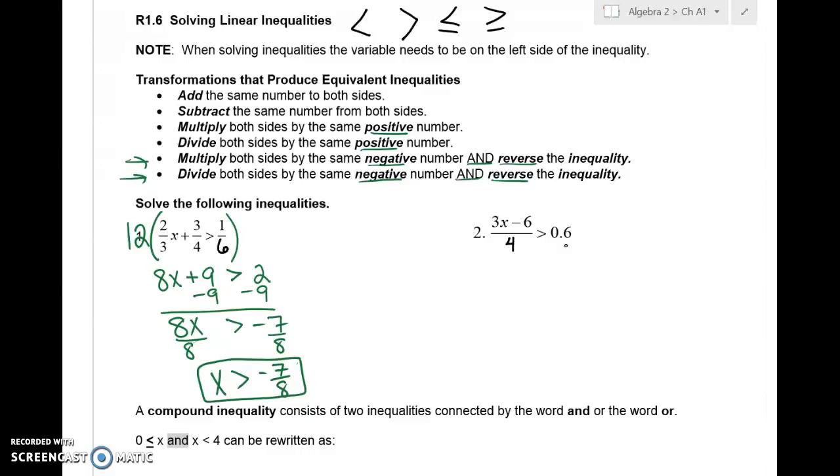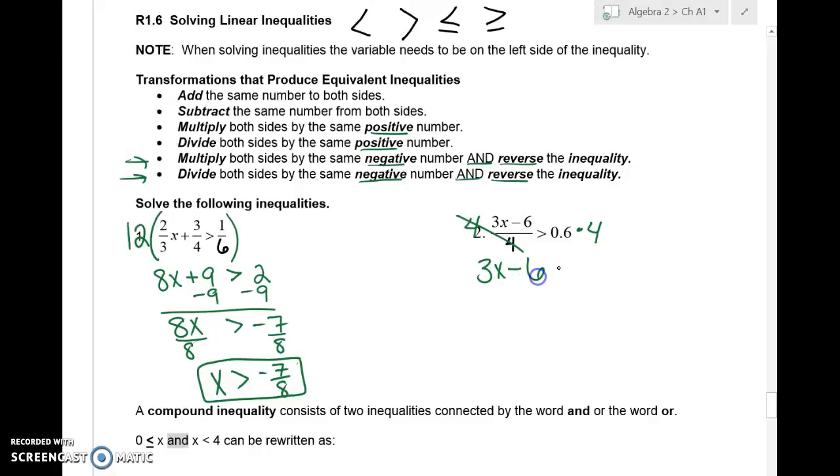I was thinking make the 0.6 into a fraction. You could. Or multiply by 20. Good. In this case, I think using that decimal might actually be easier. The big thing is we've got divided by 4. How can we undo divided by 4? Multiply by 4. So I would start by multiplying by 4, and that will make this look a little bit nicer.